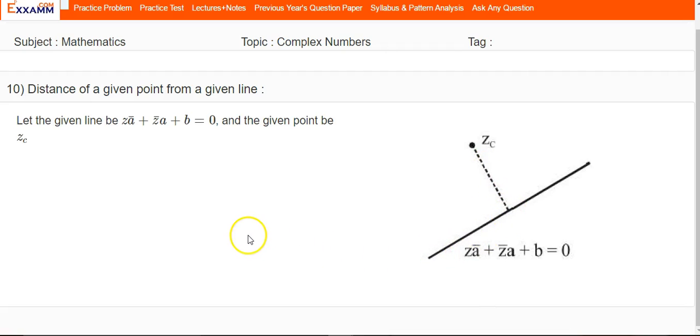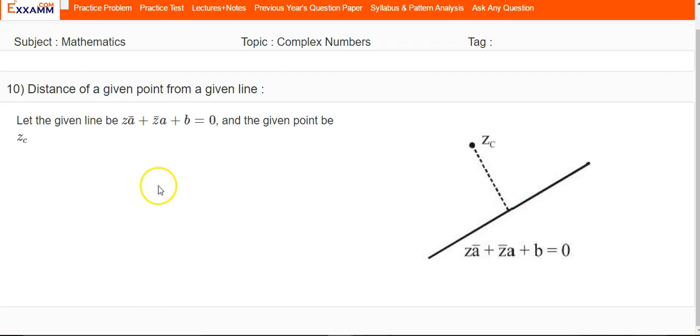Now in coordinate geometry, if we had to find the distance of point (x1, y1) with respect to the line AX plus BY plus C equal to 0, then the perpendicular distance was the modulus of (AX1 plus BY1 plus C) divided by root of A square plus B square, and the modulus of the quantity on top was taken because the distance is always going to be positive.